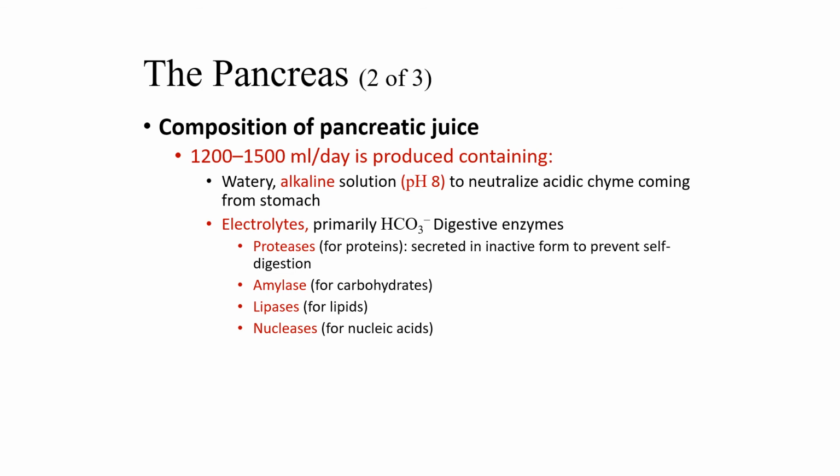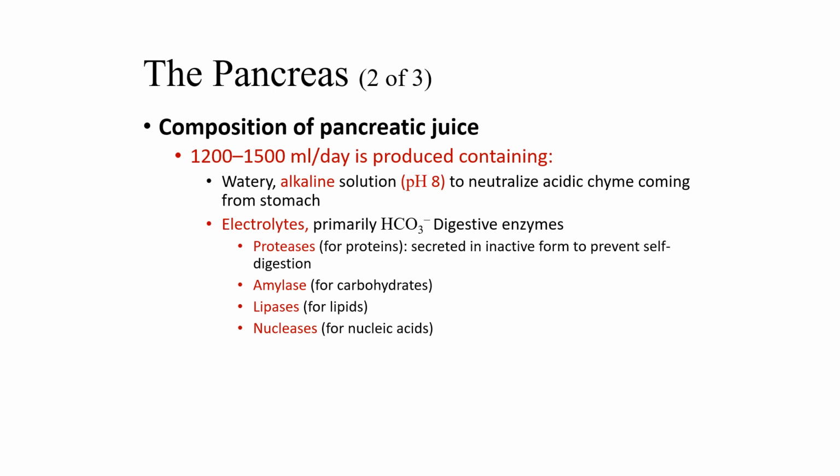This is good because the intestinal enzymes need to have a pH of about 6 to 8 in order to work properly. It also contains electrolytes, proteases, which break down proteins, amylases to break down carbohydrates, lipases to break down lipids, and nucleases to break down the nucleic acid.